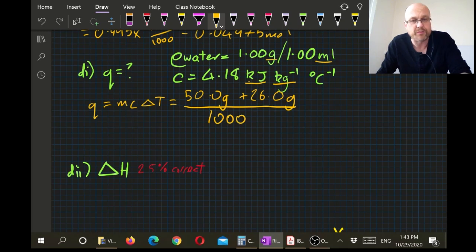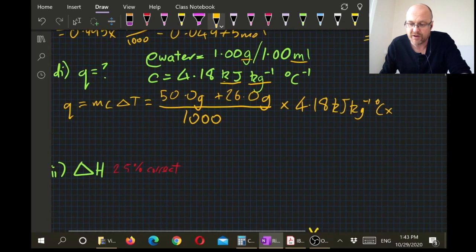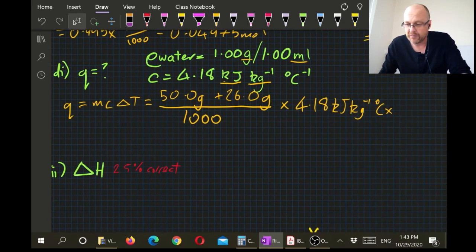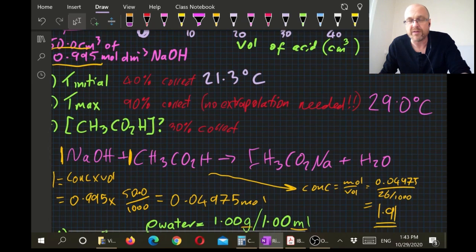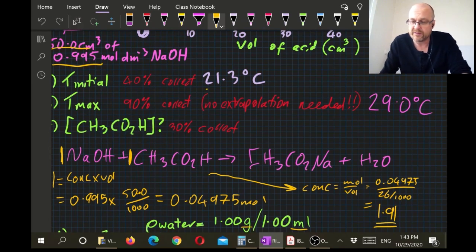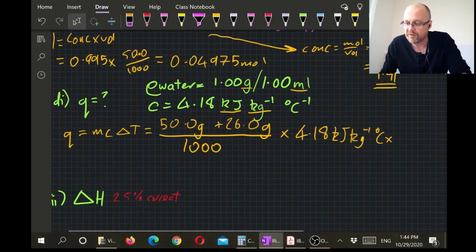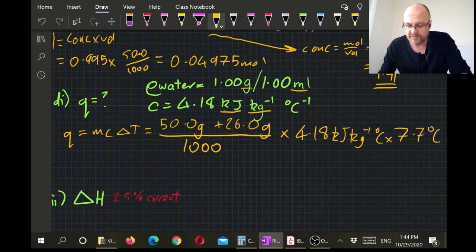None of this has got you your first point, by the way. Then multiply it by C, the specific heat capacity, 4.18 kilojoules per kilogram per degree C. And then multiply that by the temperature change, delta T. So what's my temperature change? 21.3 start to 29, that's 7.7. So 7.7 degrees C. Let's work that out.